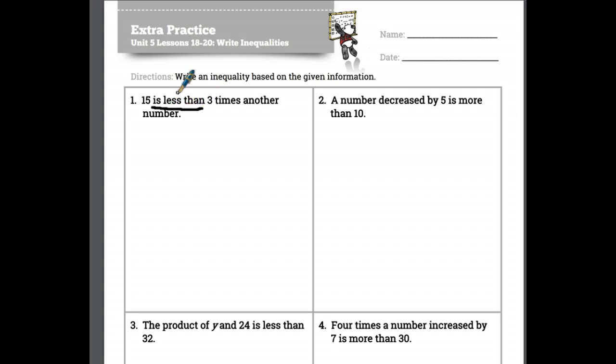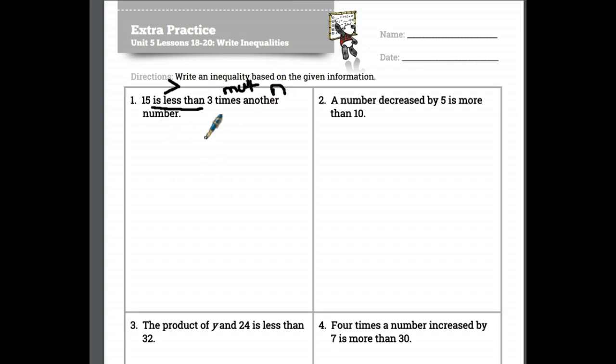Underline is less than. And write your less than symbol. 3 times. Times means you're going to multiply. Another number. I'm going to put n for another number.